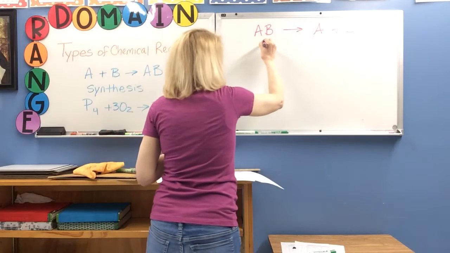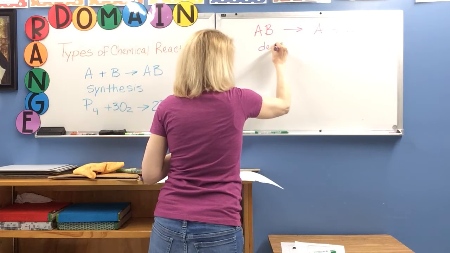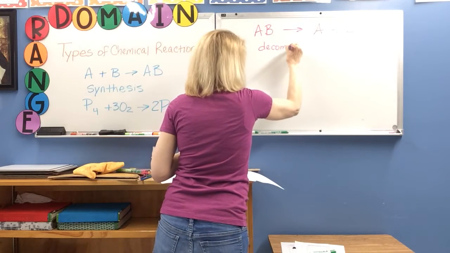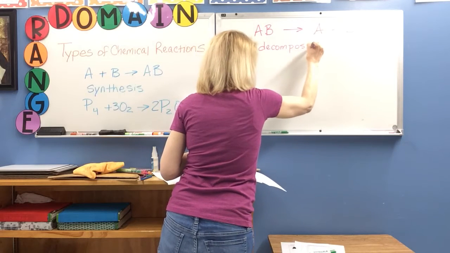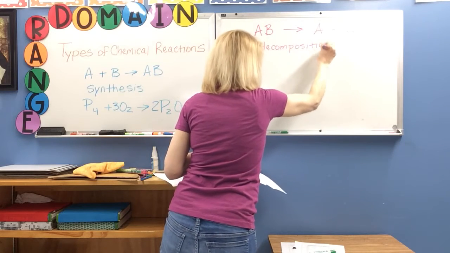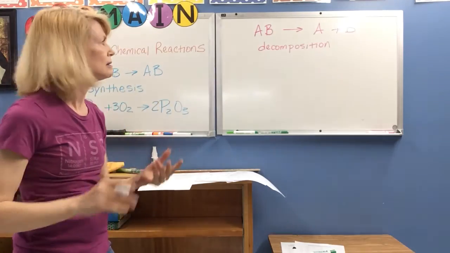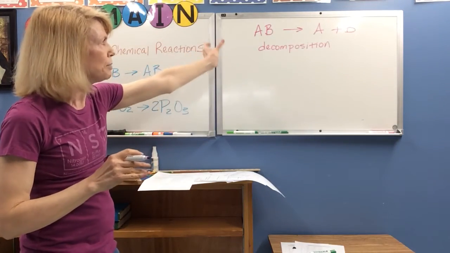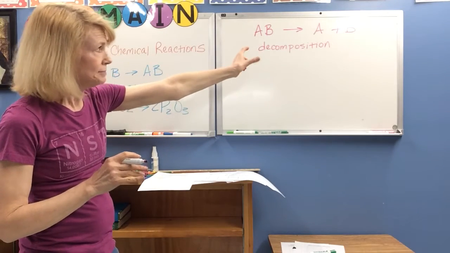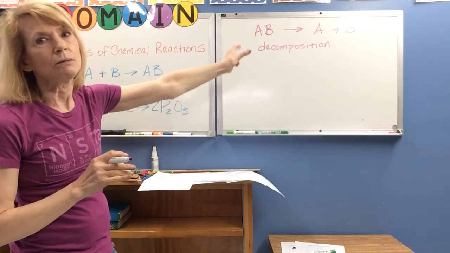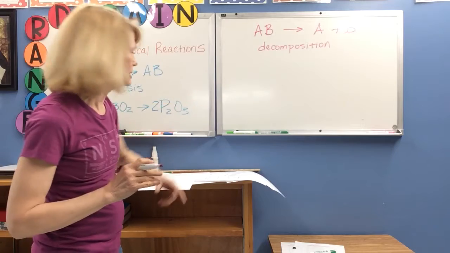That is called a decomposition reaction. Decompose, break down like something's decaying, okay? So decomposition, break down from one thing into 2 things or more than 2 things. Usually it's just 2 things.